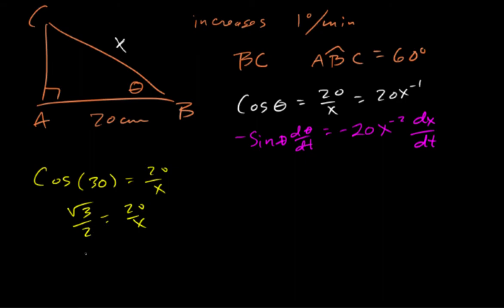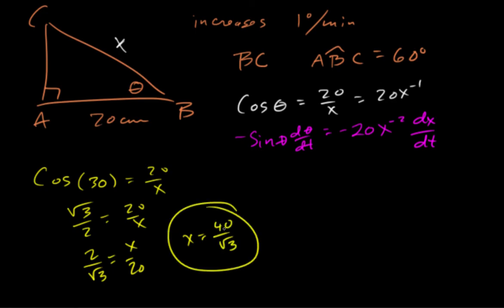We can flip both sides and then multiply both sides by 20, and we end up with x equals 40 over root 3. Okay. Now we're going to convert our rate of 1 degree per minute, and 1 degree is the same thing as pi over 180 radians per minute.